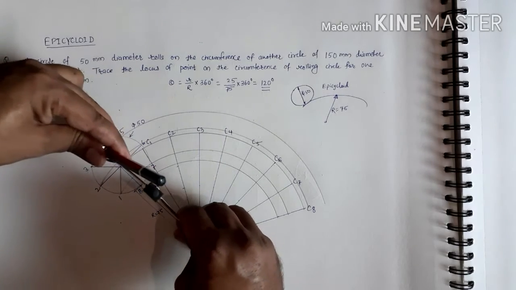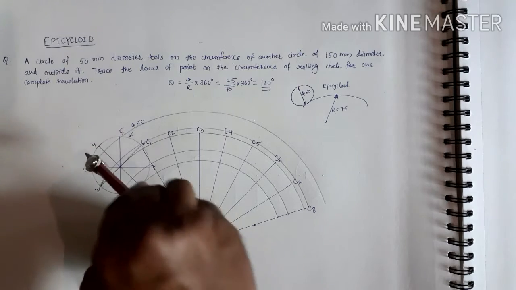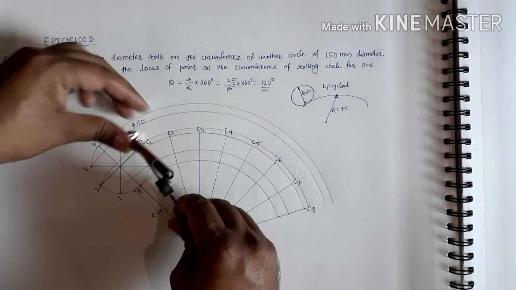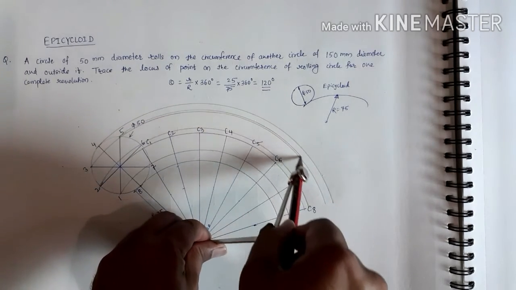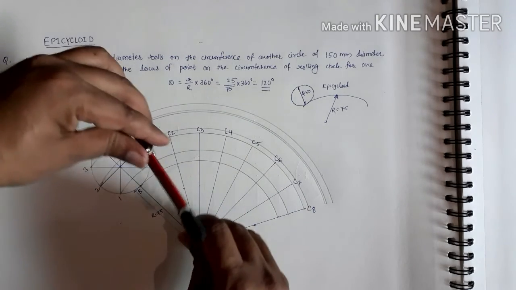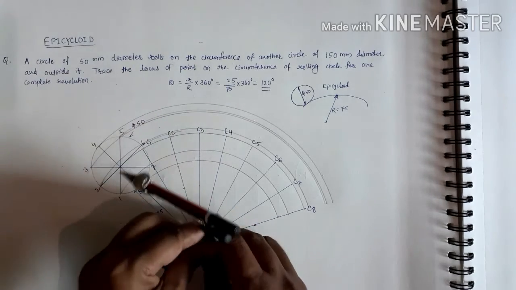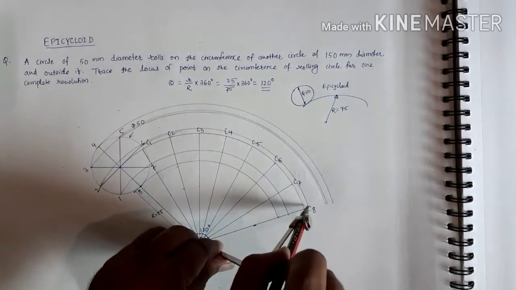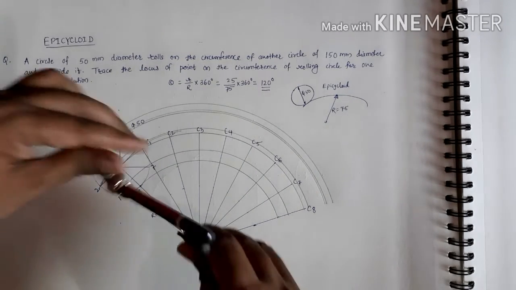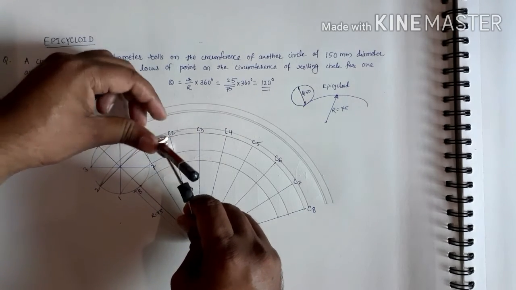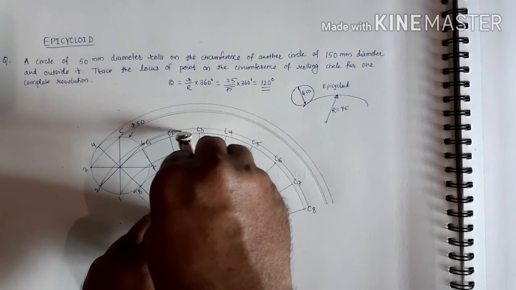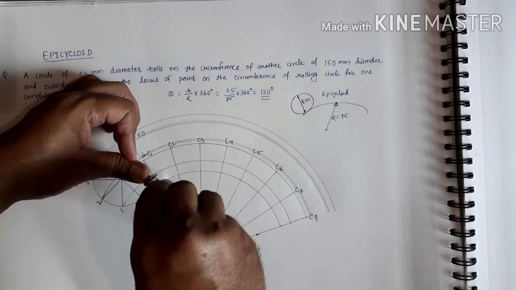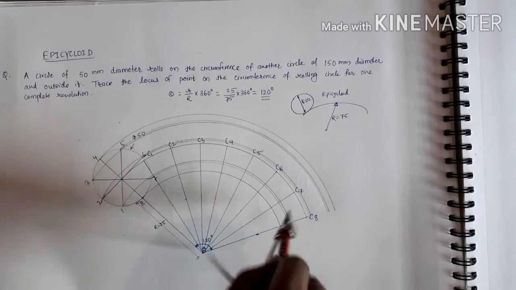So this is the fourth step. For points 6 and 7, the arc is passing through the same points.